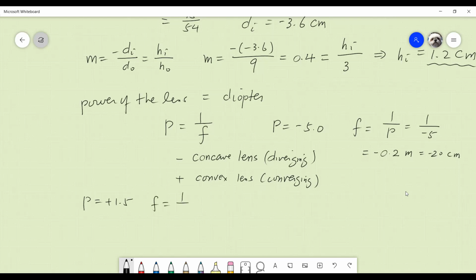F will be 1 over P. It is positive, so I know it's a convergent or convex lens. So F will be 1 meter, which is 100 centimeters.